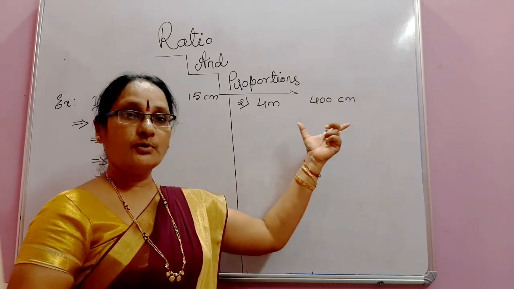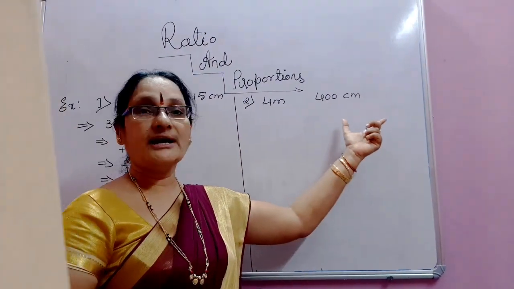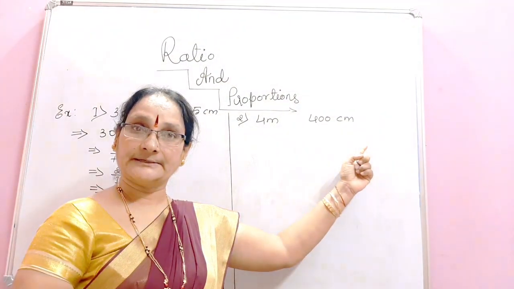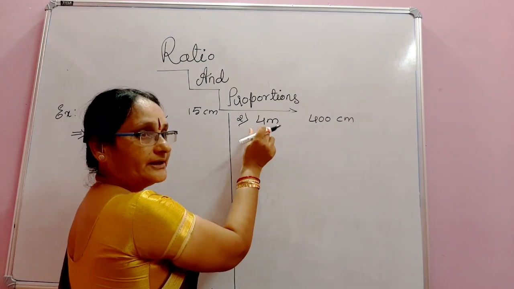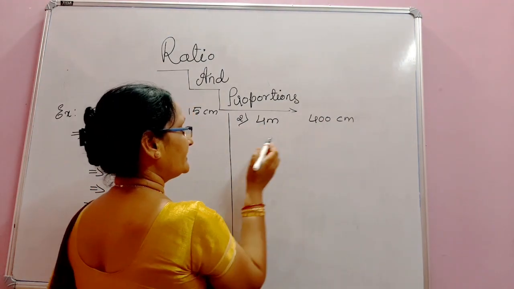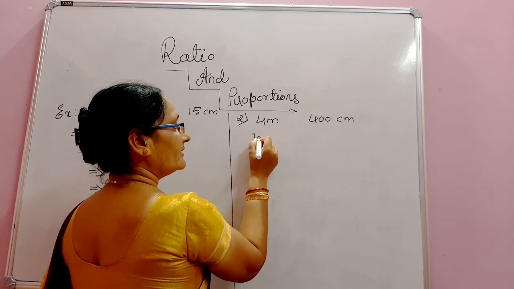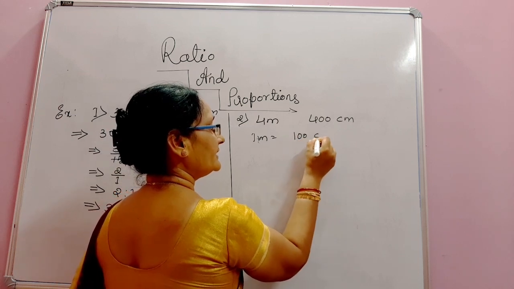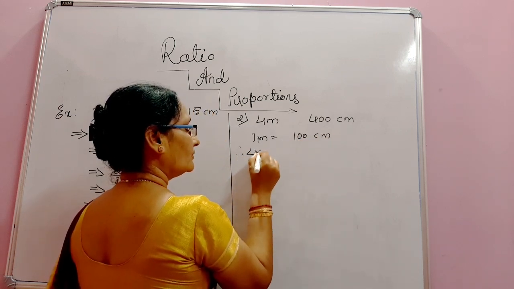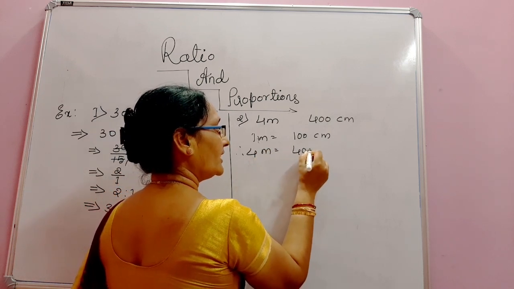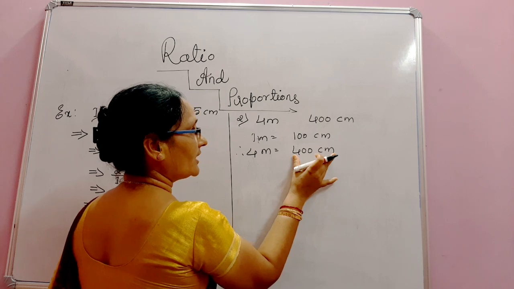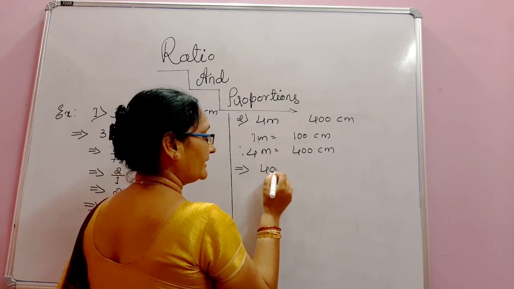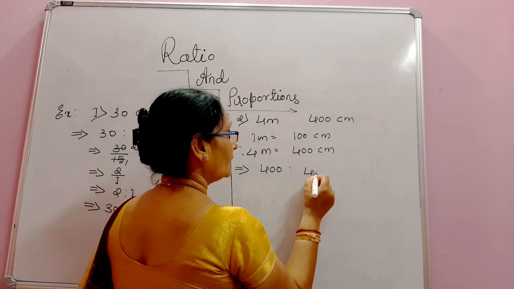See here, children, one more example. 4 meter, 400 centimeter. Now here one is meter, one is centimeter. This meter can be very easily converted to centimeter. See here, 1 meter is equal to 100 centimeter. Therefore, 4 meter is equal to 400 centimeter. Now we have to take this 400 in place of 4 meter. This implies 400 is to 400.